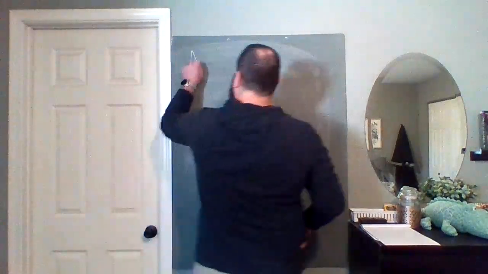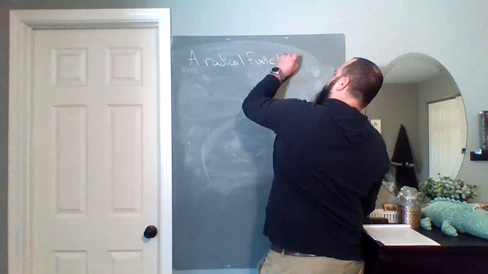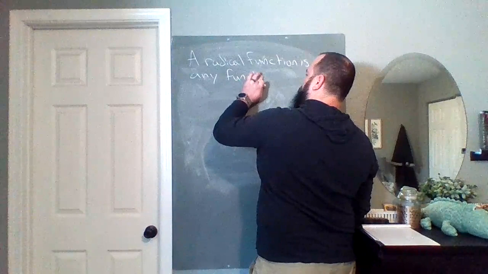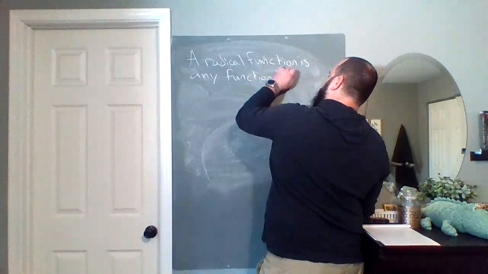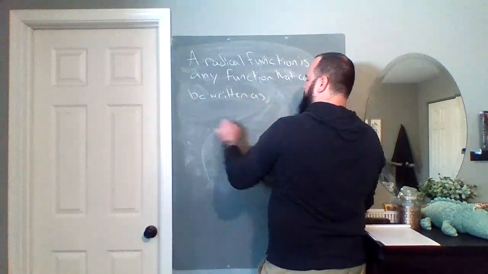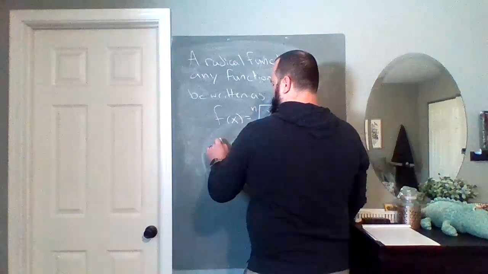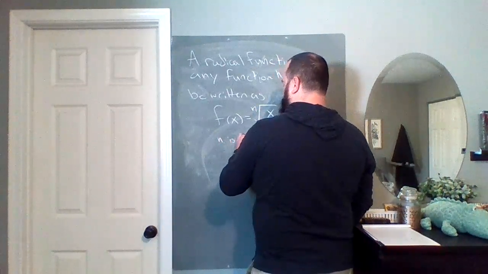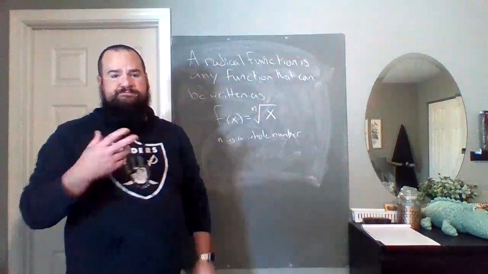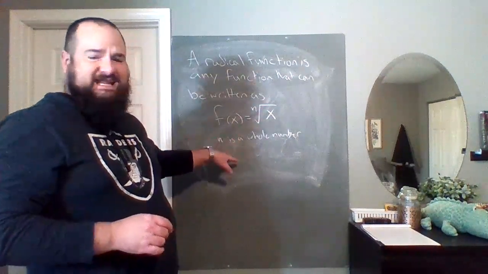Really simply, a radical function is any function that can be written as f(x) equals the nth root of x, where n is a whole number.